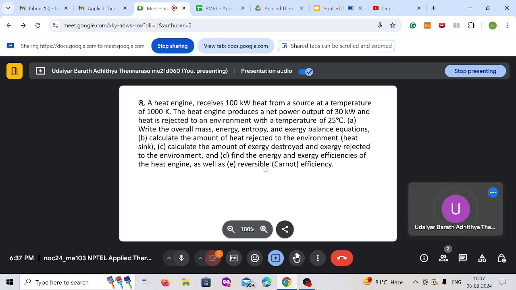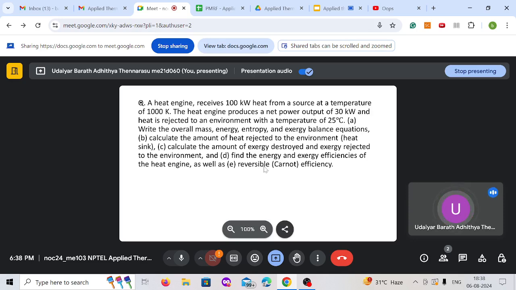So moving to the next question: a heat engine receives 100 kilowatt heat from a source at a temperature of 1000 Kelvin. The heat engine produces a net power output of 30 kilowatt, and the heat is rejected to an environment with a temperature of 25 degrees Celsius.